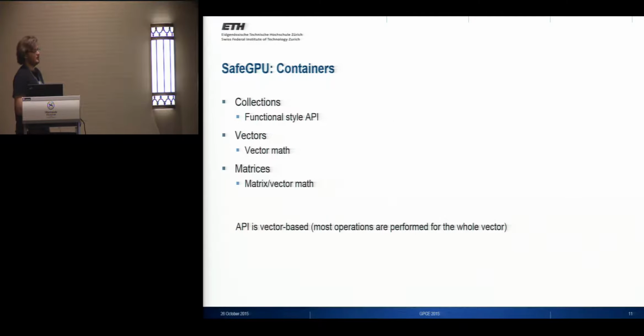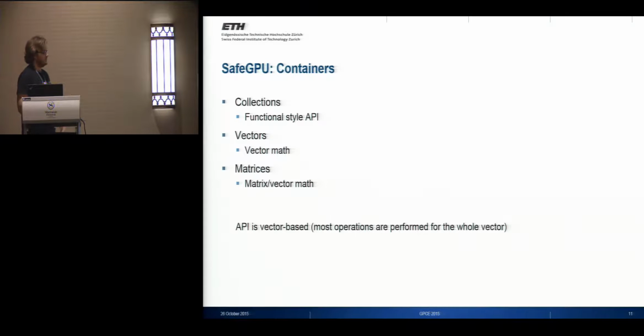So the SafeGPU API is based on collections. We provide support for 3 types of collections. First is called collection. It's just a container of some items. We don't have any restrictions on these items. And so what the programmer can do with that, we provide a functional API that allows to modify these collections. We also have support for the bread and butter of GPU computing.